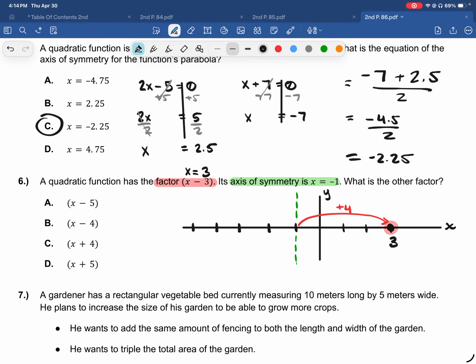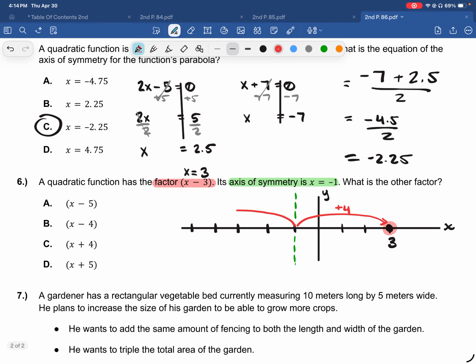So 1, 2, 3, 4, which puts me at -2, -3, -4, -5. And if I have a solution of x equals -5, then I must have had a factor of x plus 5. The correct answer is D.